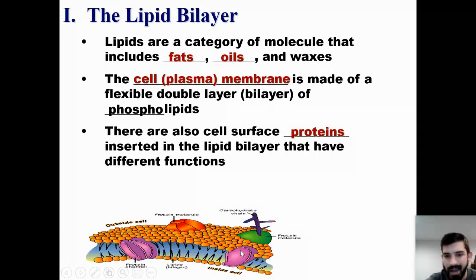This protein here, it doesn't really say what it is, but I imagine it could possibly be another type of transport protein, not a protein channel, but I'll think of it later. Anyway, its job is also to transport materials into and out of the cell. And then this protein in the back looks like it is likely some kind of receptor protein to receive signals of some sort. And we're going to talk about all of those in this lesson.